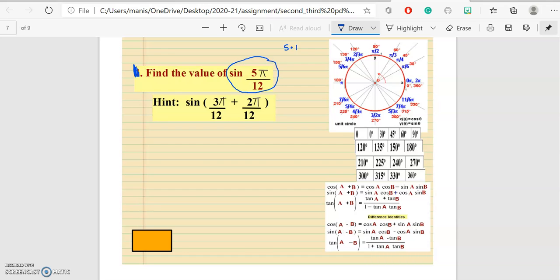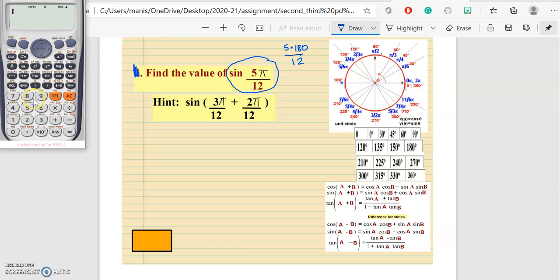As you all know, pi is 180, so multiply this and divide by 12. I will use my calculator, take the fraction button, 5 times 180. Remember, we have learned how to change from degrees to radians and radians to degrees. So I ended up with 75.